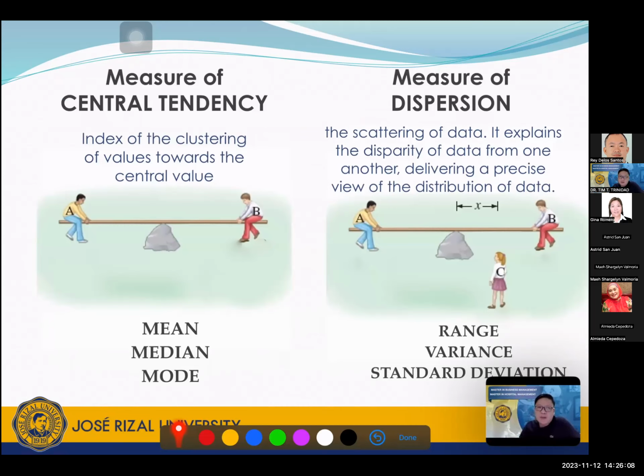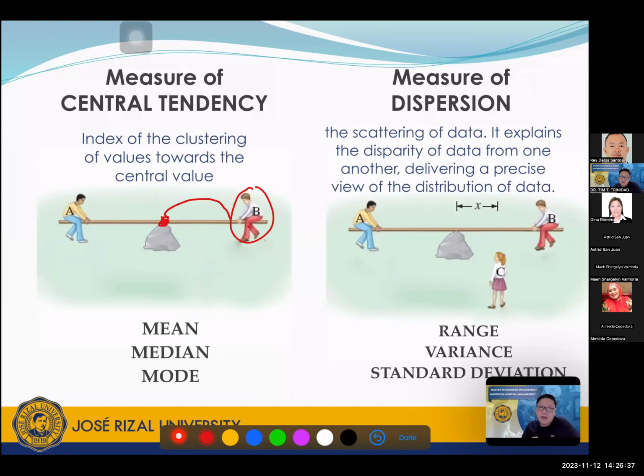Okay, when you say measure of central tendency, this will be the index of clustering of values towards the central value. So you have to look at your data, okay, so this is your individual data, in relation to the center. So these are the measures of central tendency. So you are looking at your data and comparing it to the central portion, which is your mean, your median, and the mode.